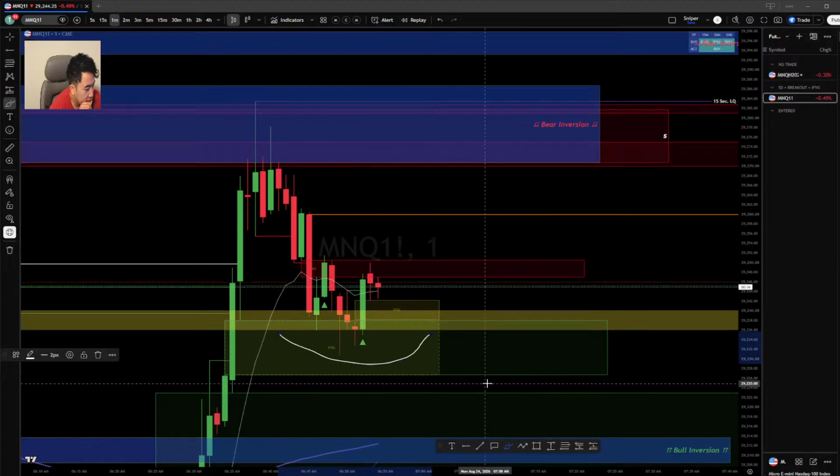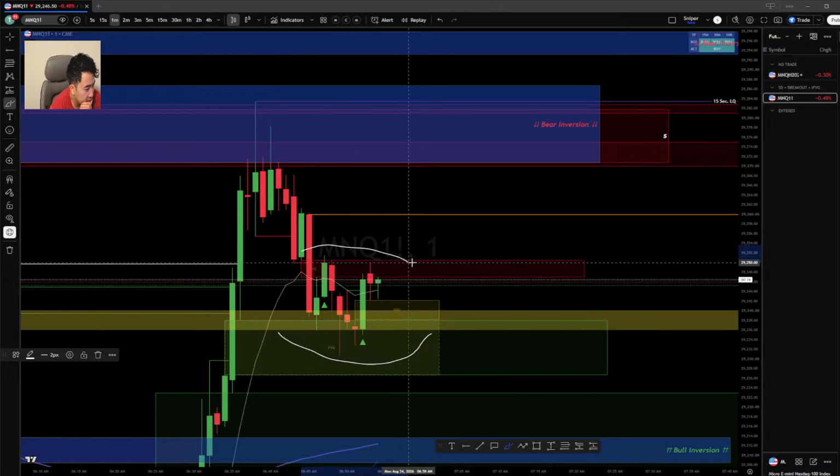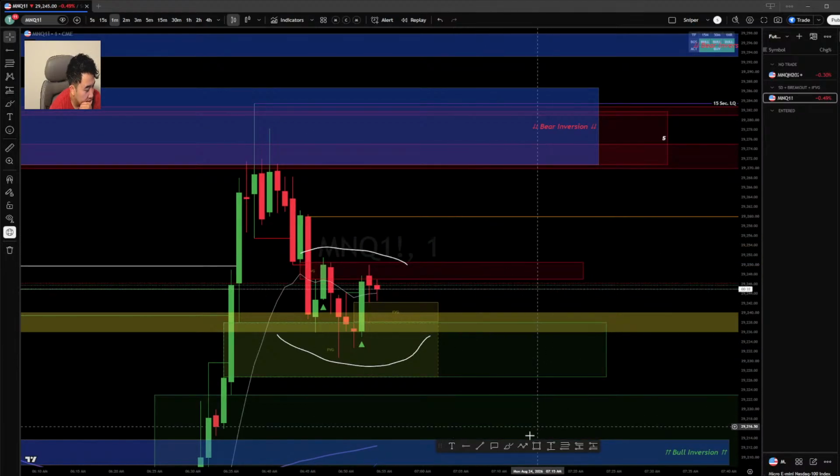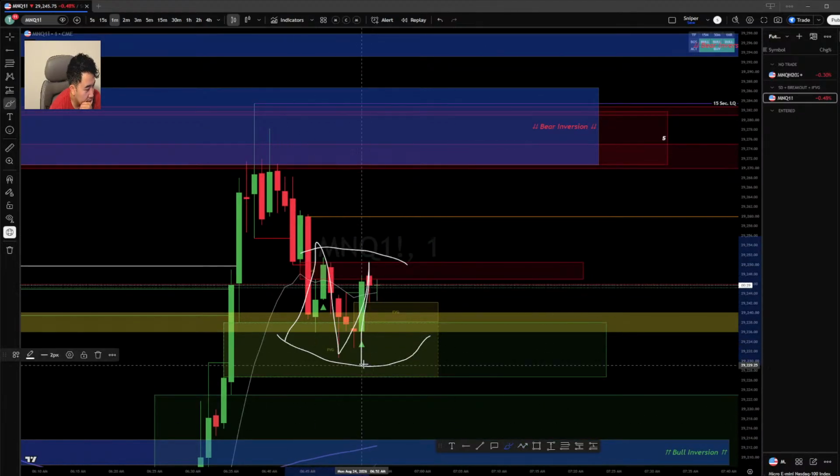You've got buyers right here coming in. You've got sellers right here in this area. You just don't want to get caught up in between these two.